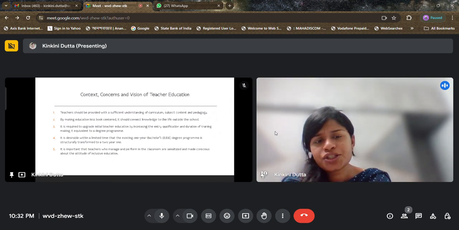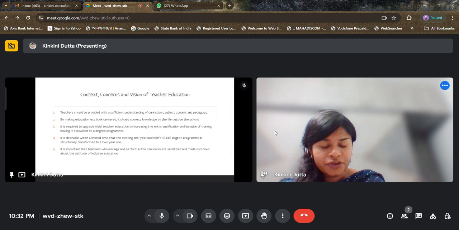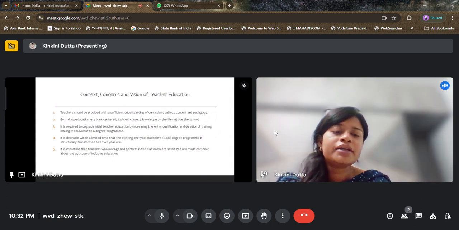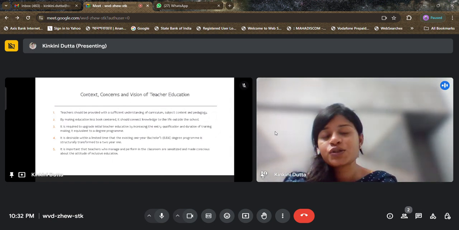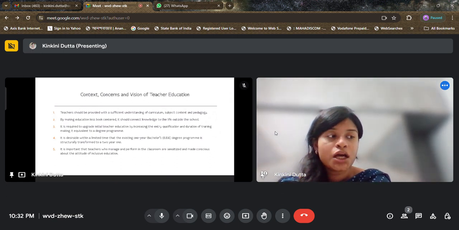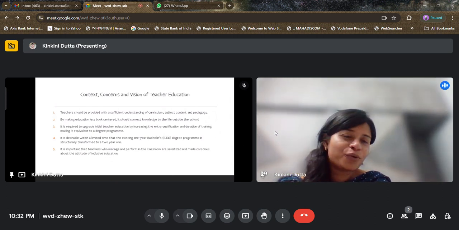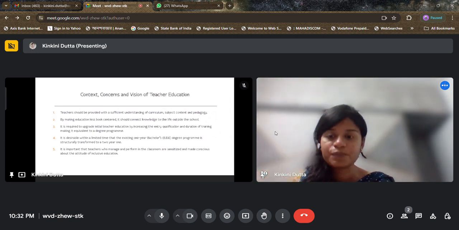Second, vision of teacher education. The very first change that the curriculum framework has stated deliberately is to change the 1 year B.Ed program to 2 years, because a 1 year B.Ed program is not enough or does not justify the quality of teacher educators that it will provide. So a thorough 2 year program is required, and hence today you have a 2 year program after this change.